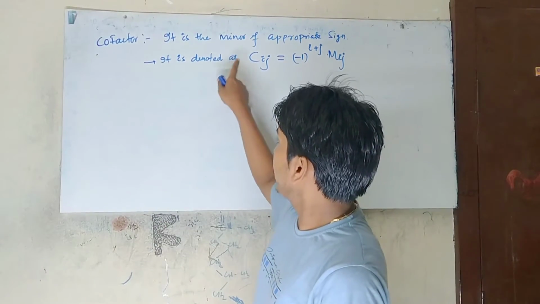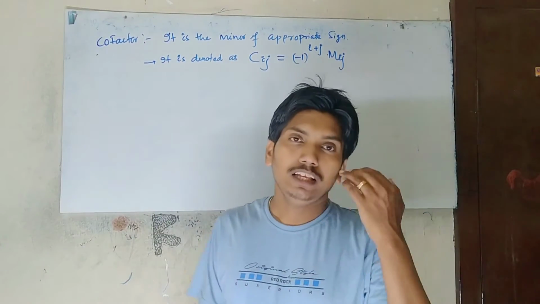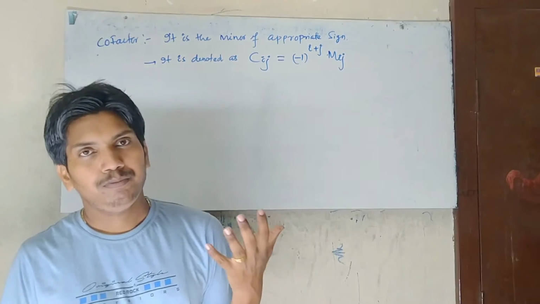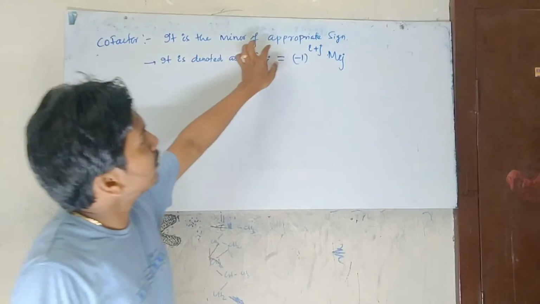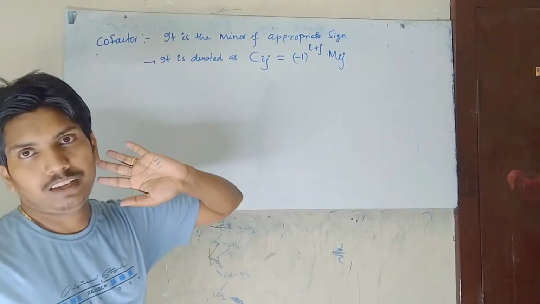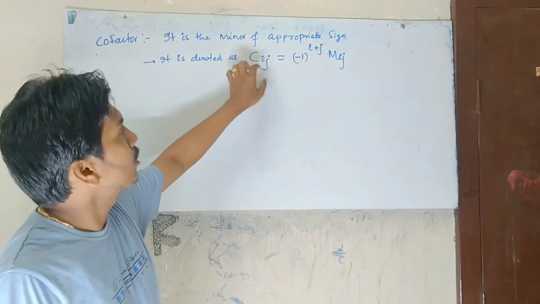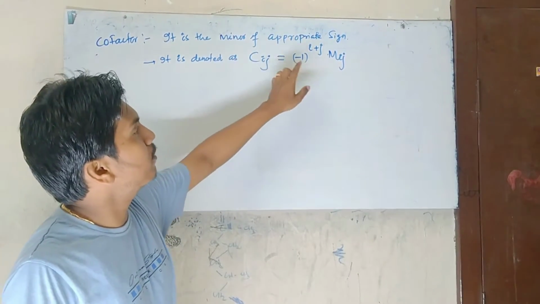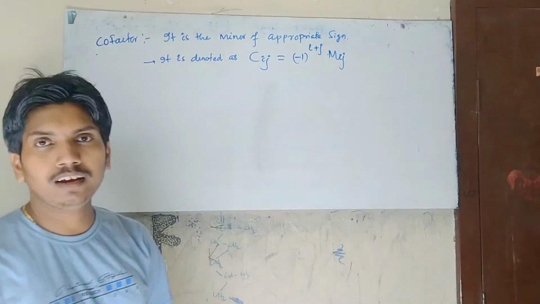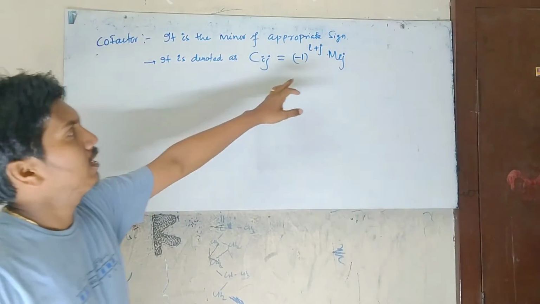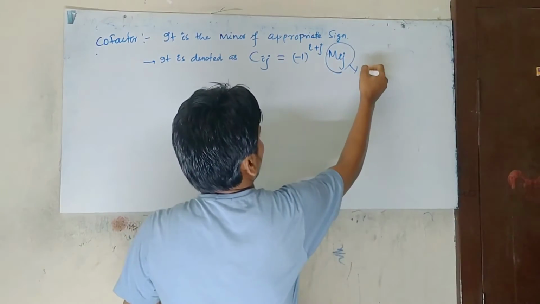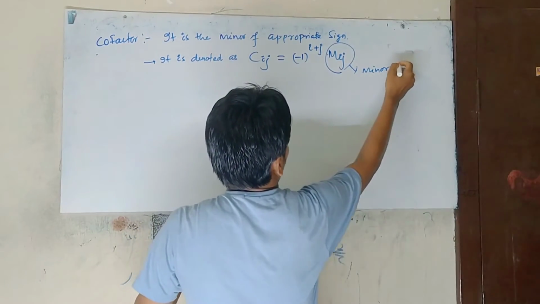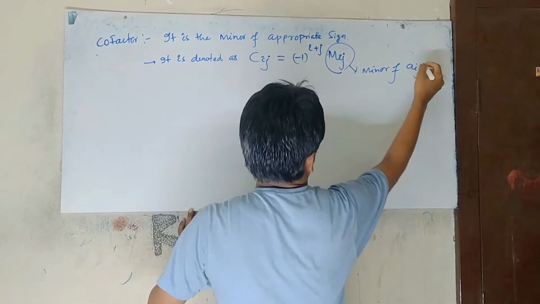What is that Cij? You write Cij equal to the appropriate sign times the minor, and that is Cij = (-1) to the power i+j times Mij, where Mij is the minor of Aij.